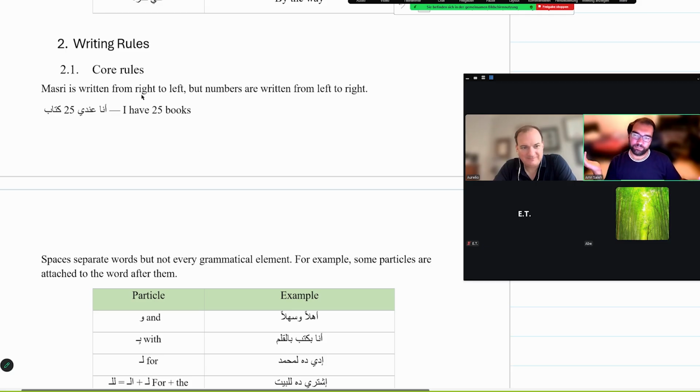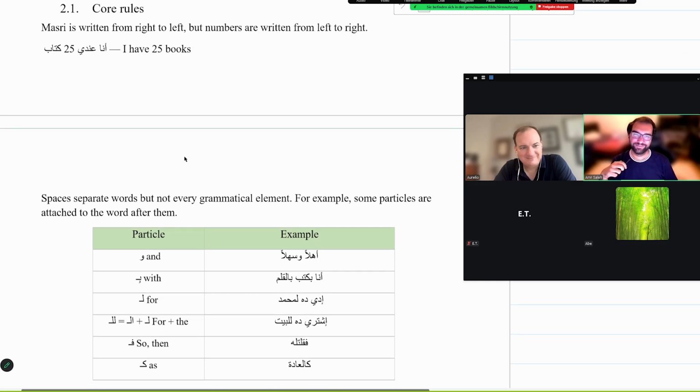So the most basic thing: you write from right to left, except for the numbers. You write them in the other direction, left to right. Why is that the case? Because Arabic numerals are actually from India. So they are not really Arabic. That's why they don't follow the Arabic system of writing.